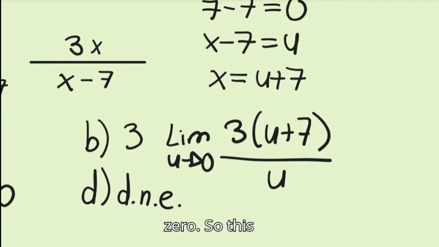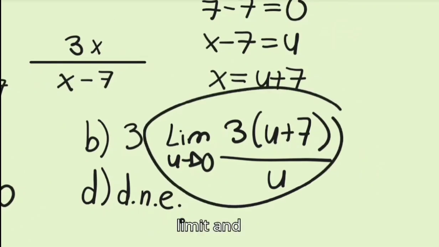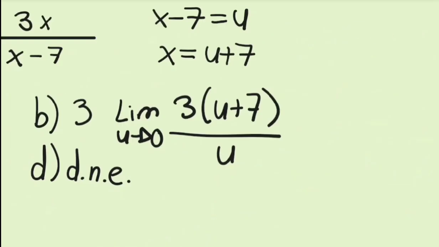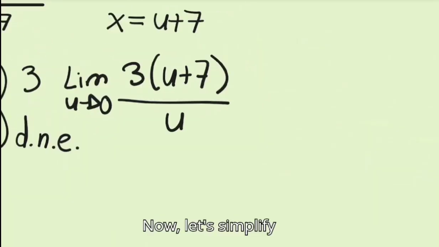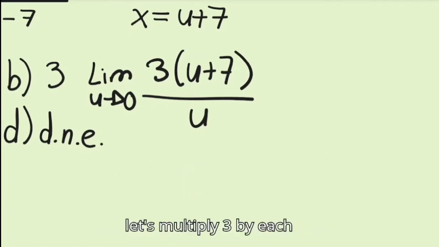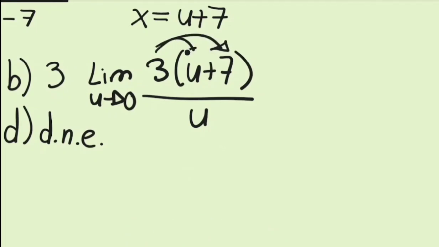So this limit and this limit are the same. Now let's simplify this. So let's multiply 3 by each of these terms.